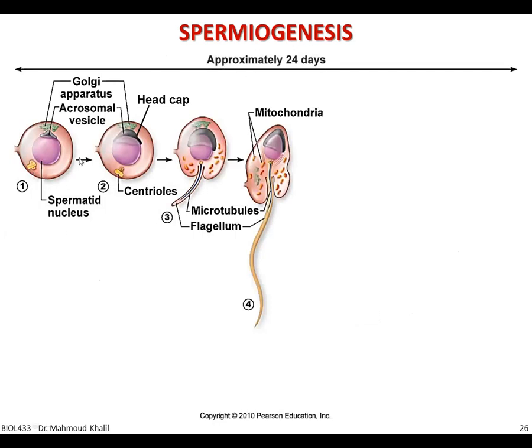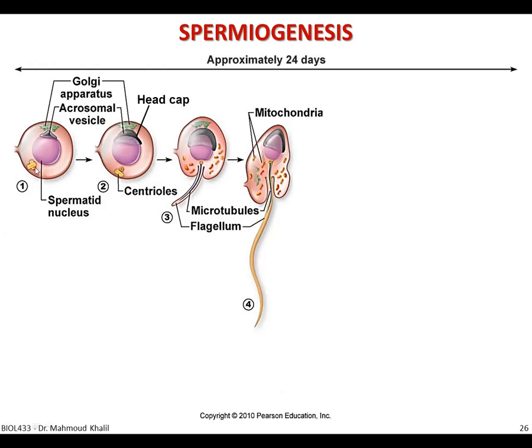And you can see here the spermatids have the acrosome vesicle bounded by densely stained material near the Golgi region. And you can see the centriole here is located far away. The start of the morphological change occurs by spreading of the acrosome vesicle, which is the head cap, over the nucleus.